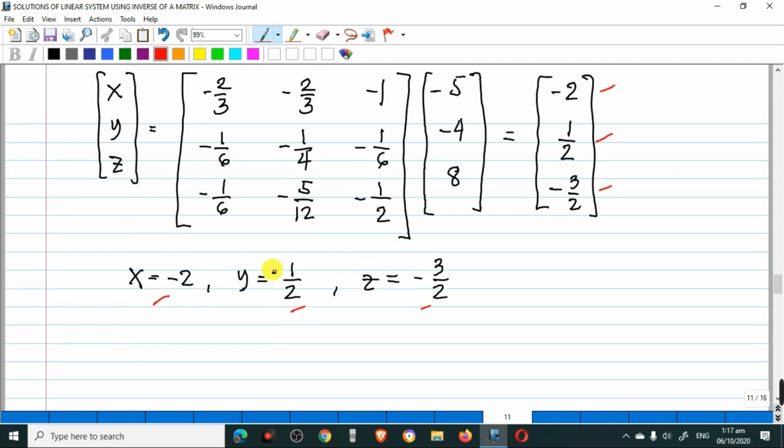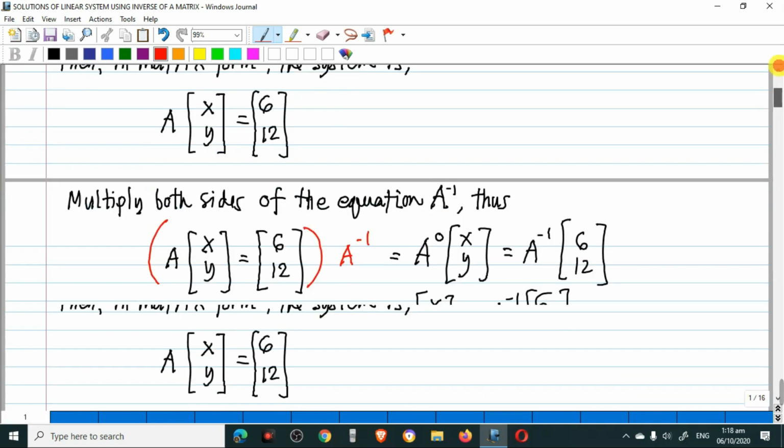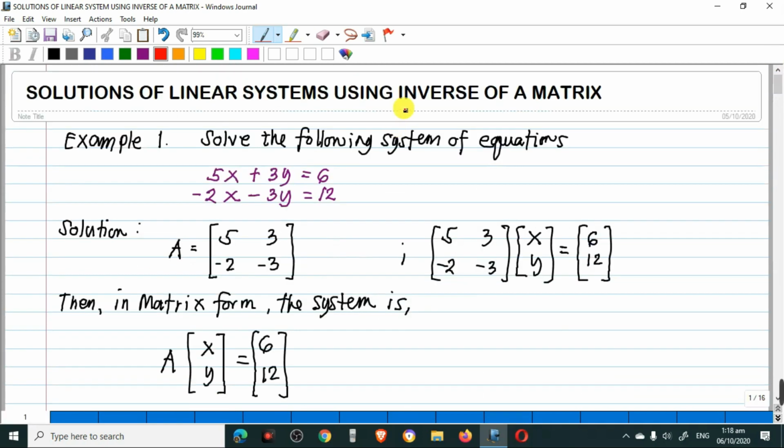So, hopefully, this is clear at naintindihan kung paano yung procedure in determining the unknowns. Maging 3 unknowns man yan o 2 unknowns man yan using yung inverse of a matrix. Ito yung topic natin dito. Ano? Using the inverse of a matrix.